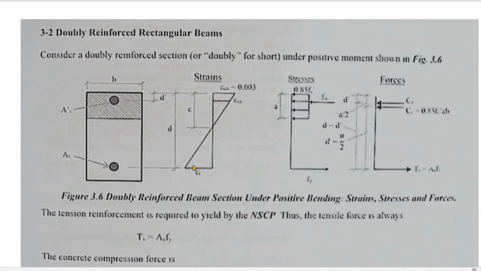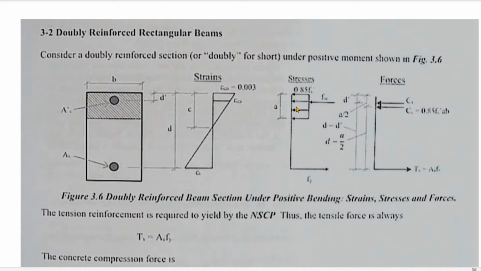Okay, dito sa tension steel, we have T, which is AsFy. And then sa compression area sa taas, meron tayong compression block, yung shaded area, which is defined by this rectangular block na a tsaka yung 0.85 f'c.